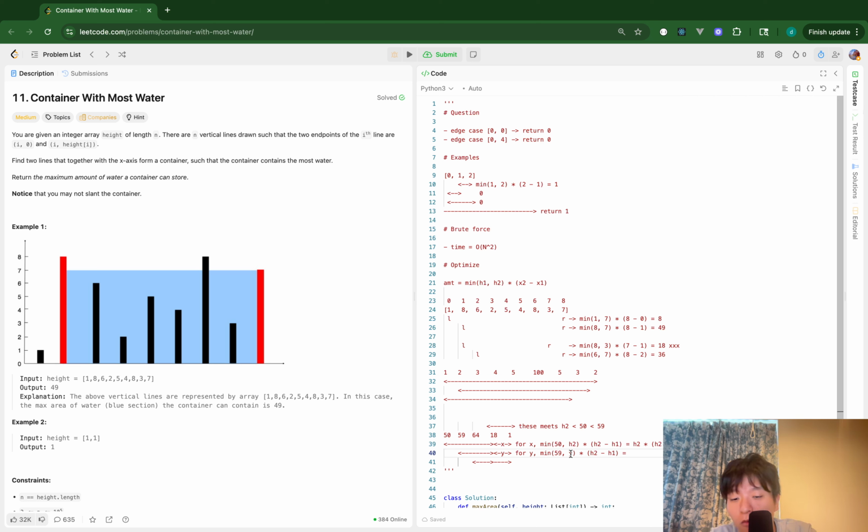And now, sorry, height 2 is definitely smaller than 59, as I said here. So this should be, yep, this.